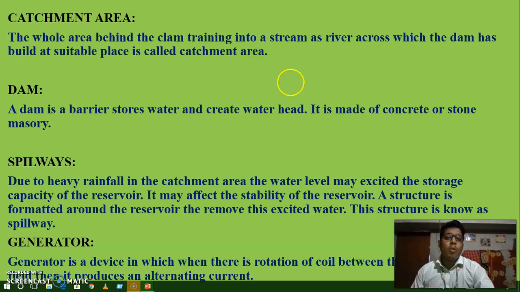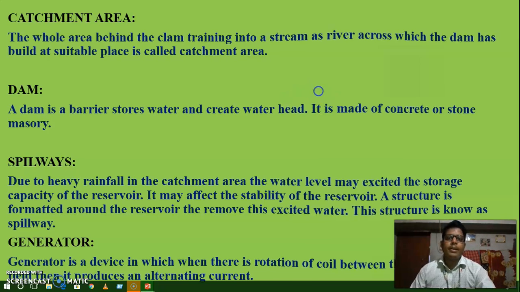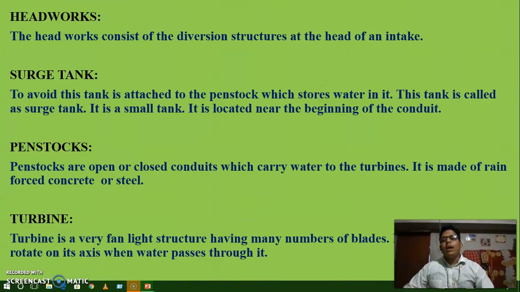A structure is formed around the reservoir to remove the excess water, and this structure is known as the spillway. Then the generator. A generator is a device in which, when there is rotation of a coil between a strong magnetic field, it produces an alternating current.